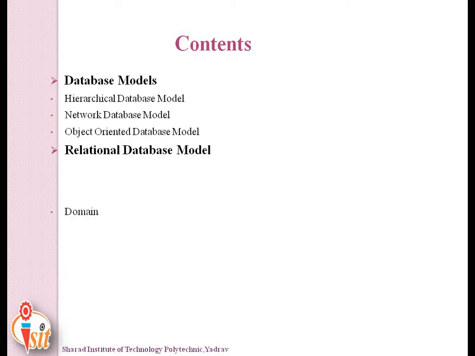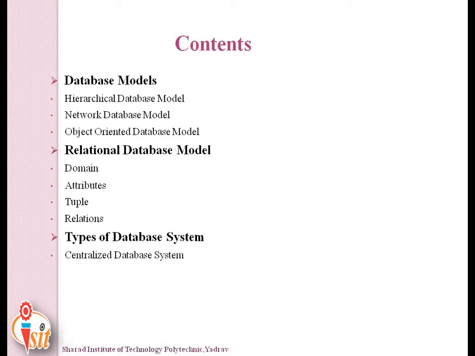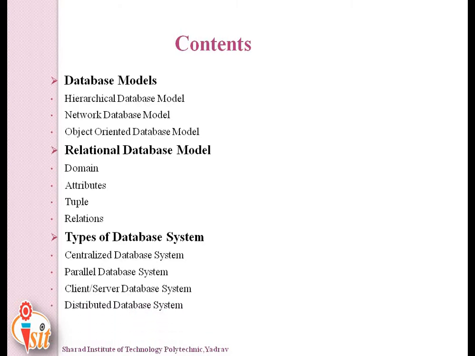In that, the subpoints are domain, attributes, tuple, and relations. Next and last point of this unit is types of database system. In that, centralized database system, parallel database system, client-server database system, distributed database system. These are the contents of our second unit.